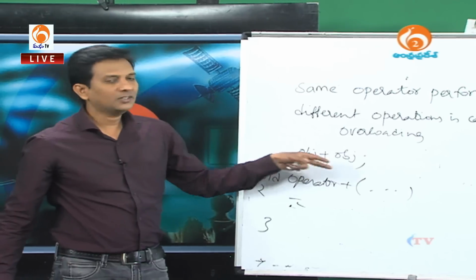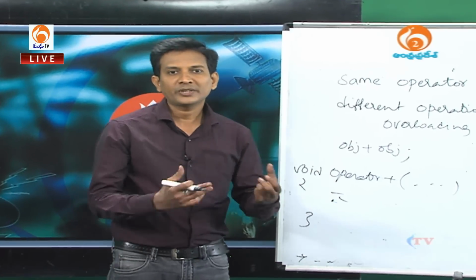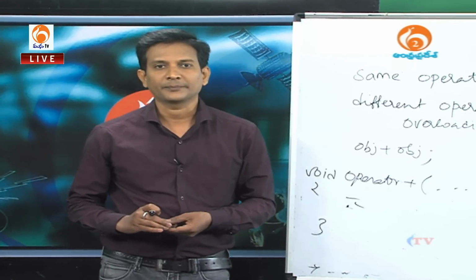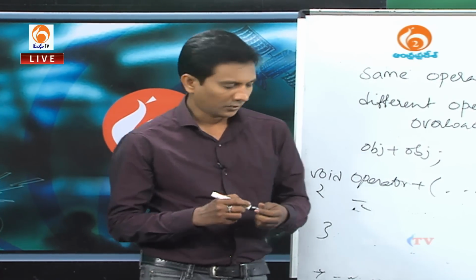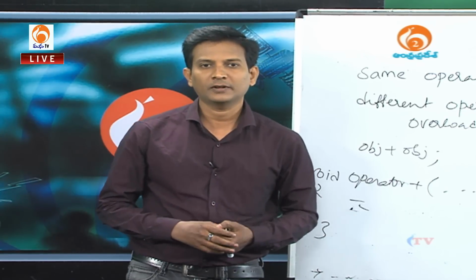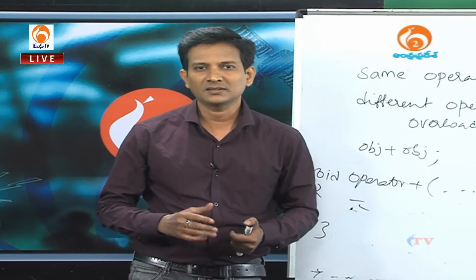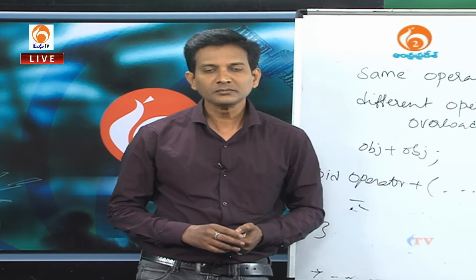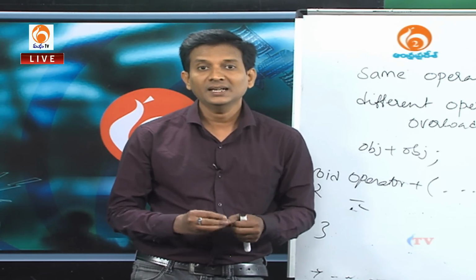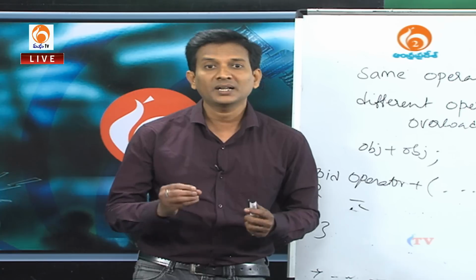So object plus object, object minus object, object into object can be achieved by using operator overloading. But writing operator overloading is somewhat difficult in C++, and it leads to confusion and ambiguity. That is why it has been eliminated from Java, but it is available in C++.